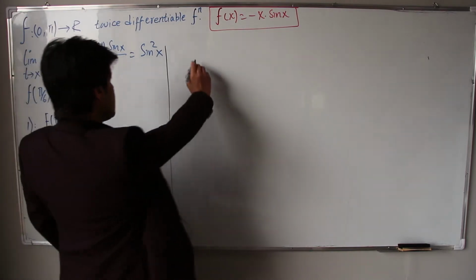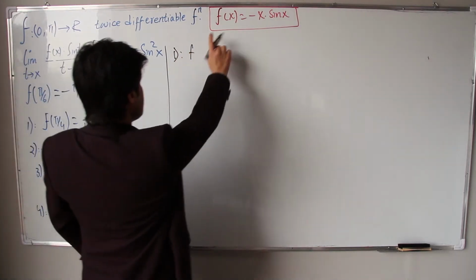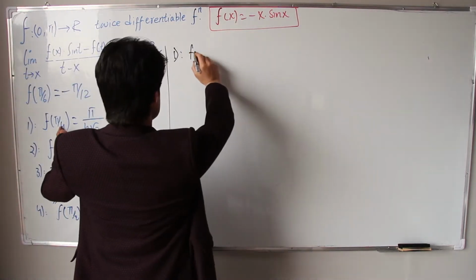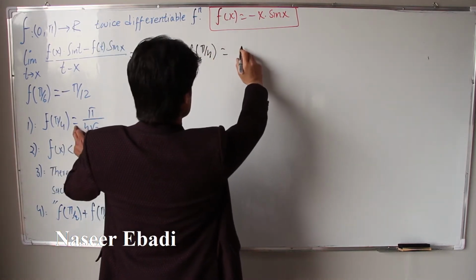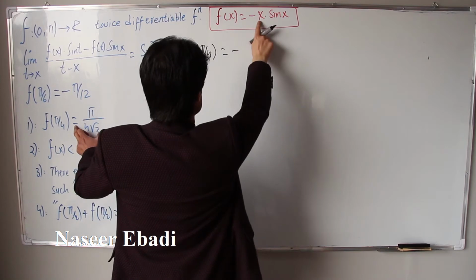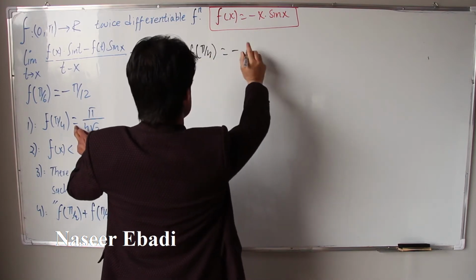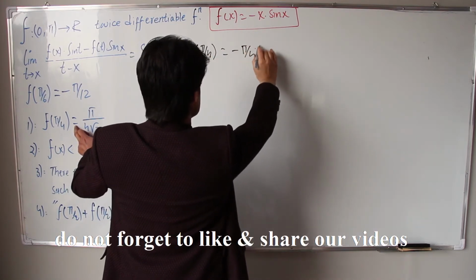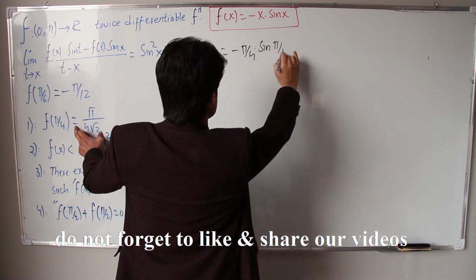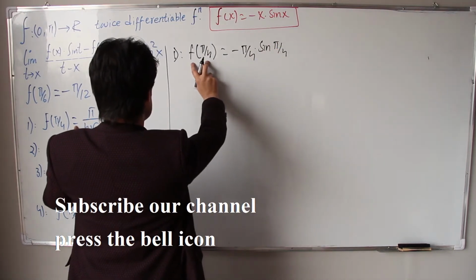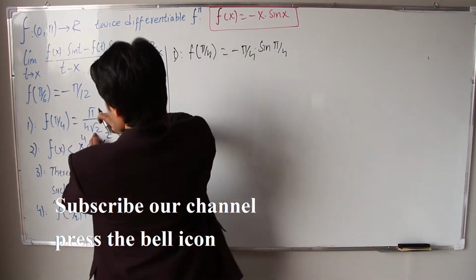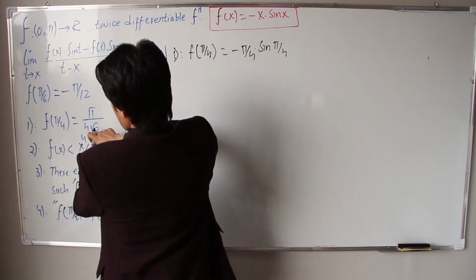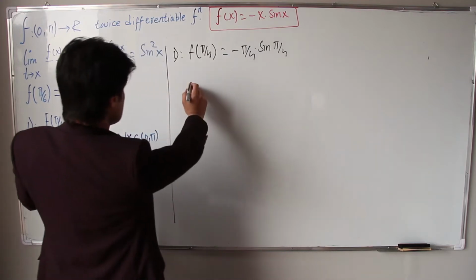Now, it means if instead of x, we put pi divided by 4, it is equal to minus this x, we put pi divided by 4, sine pi divided by 4. What the solution is if pi divided by 4? It is pi divided by 4 root 2.